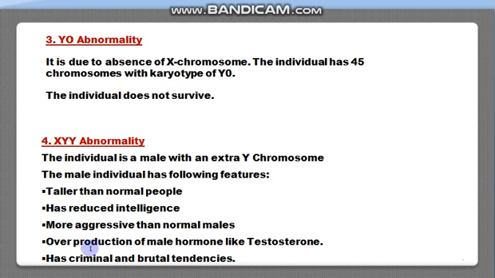There is overproduction of the male hormone testosterone, and they have criminal or brutal tendencies.